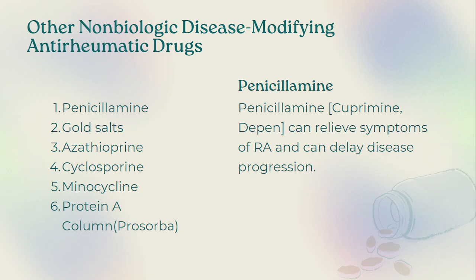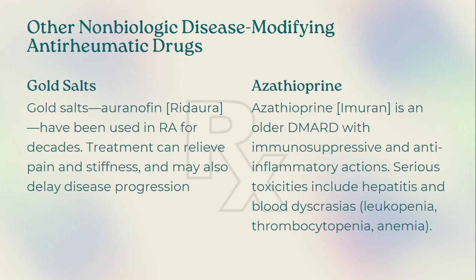First, penicillamine can relieve symptoms of rheumatoid arthritis and can delay disease progression. Next is gold salts. Gold salts have been used in rheumatoid arthritis for decades. Treatment can relieve pain and stiffness and may also delay disease progression.